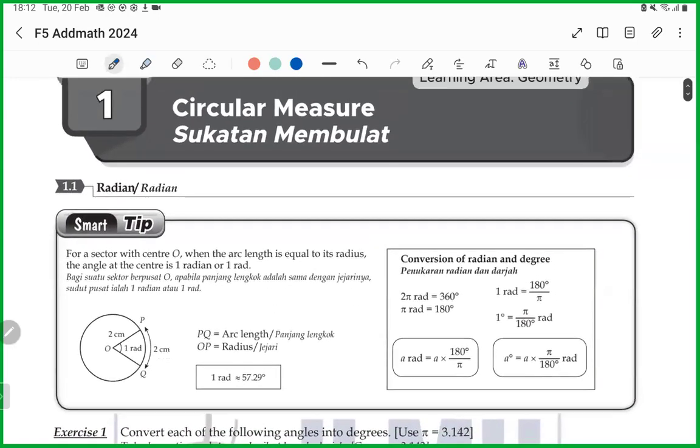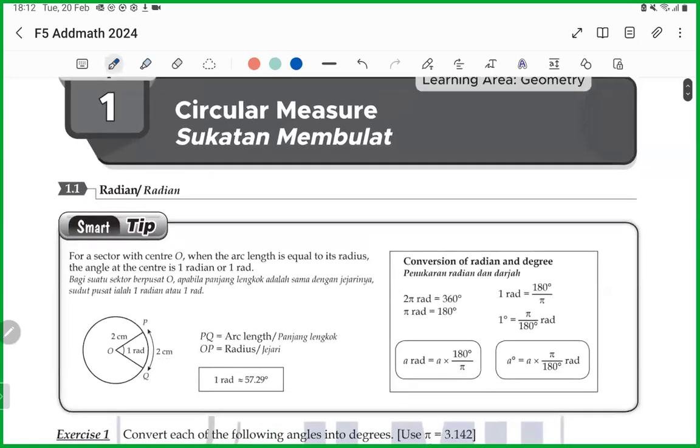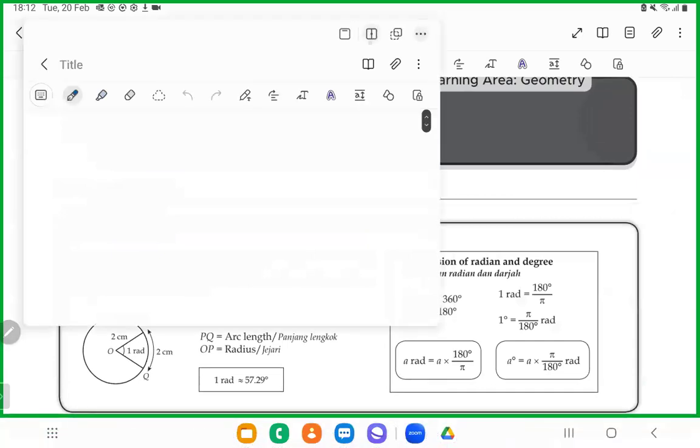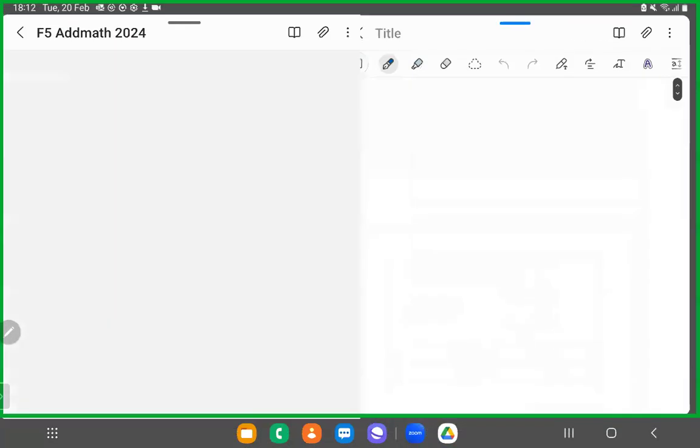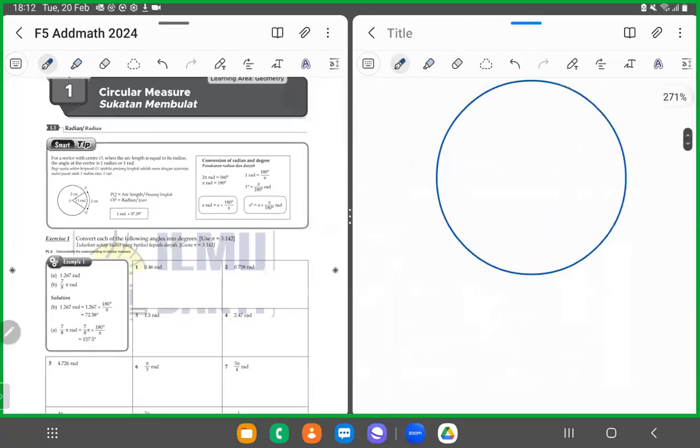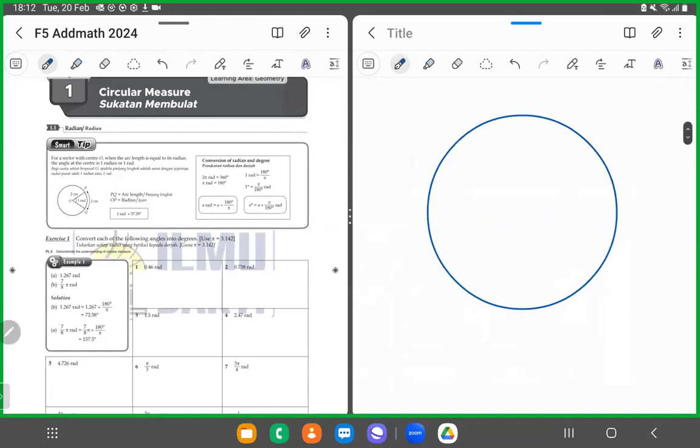Okay, so the first chapter is about circular measure. That means we will deal with circles. If you still remember, there are a few parts of a circle. For a circle, we have a line, the outline of the circle, which we call the circumference.